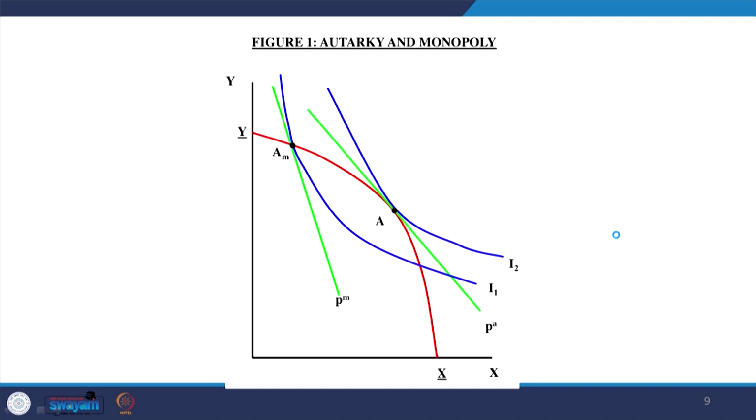Now, in this diagram we want to mention certain important features. Here is the perfectly competitive setup, where all the items like MR, Px by Py, or MRT, the marginal rate of technical substitution, are all equal.